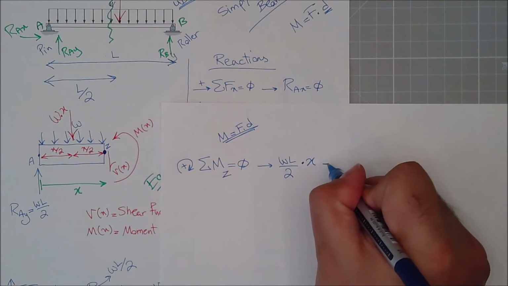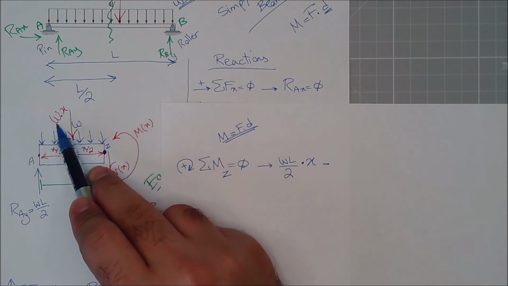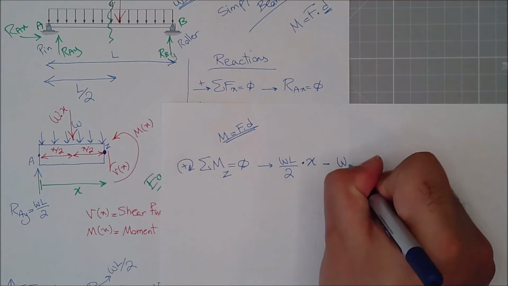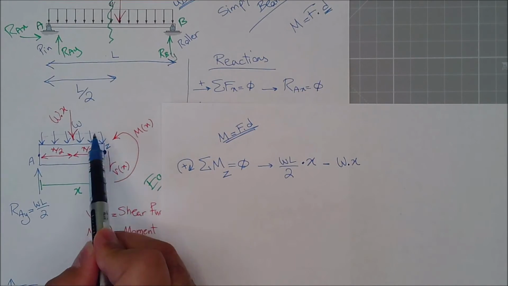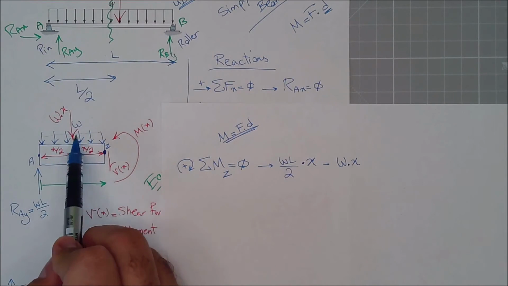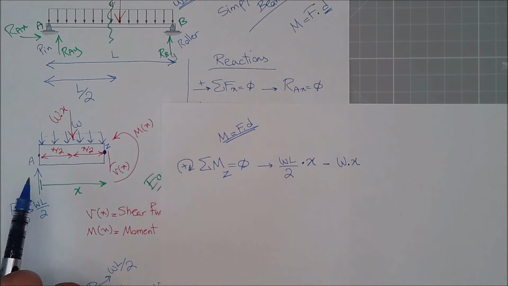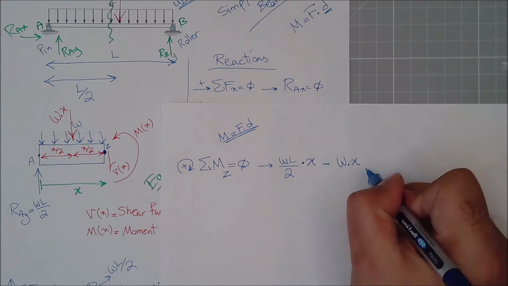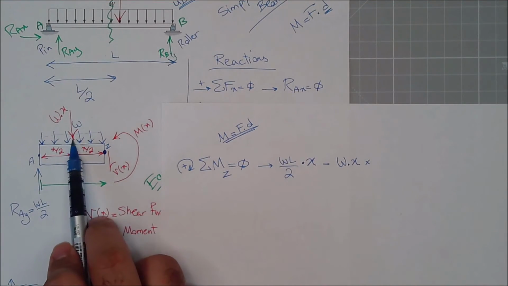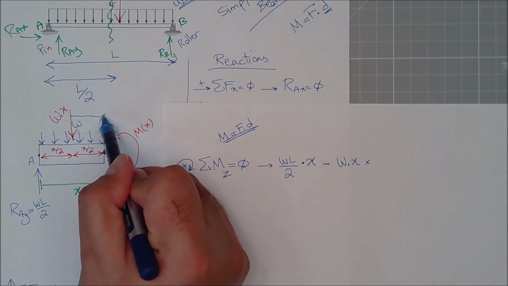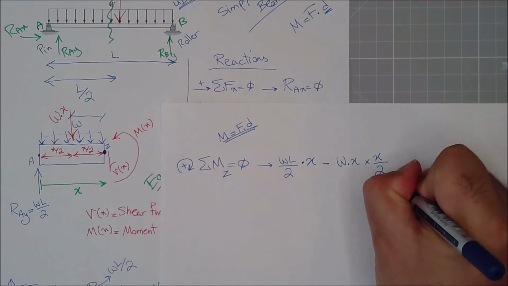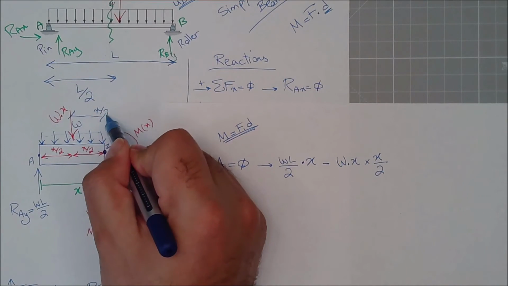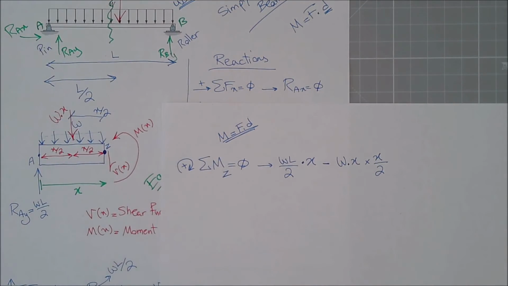So it will be negative whatever the concentrated force is, which is Wx. Remember, this W is the uniformly distributed load. Wx is the equivalent concentrated load, which was that W times the length. And what is the length from here to here? The perpendicular distance is x divided by 2, times x divided by 2, because that concentrated load, because it's a rectangle, will be applied in its middle.